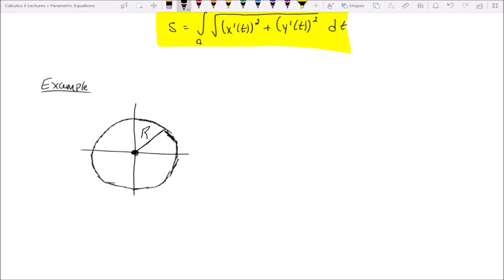Now recall that this has the parameterization c of theta equals r cosine of theta, r sine of theta, for 0 less than or equal to theta less than or equal to 2 pi.